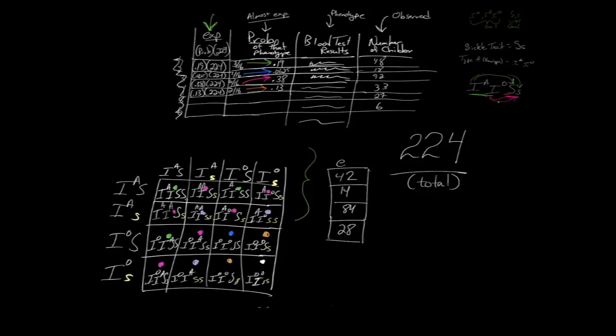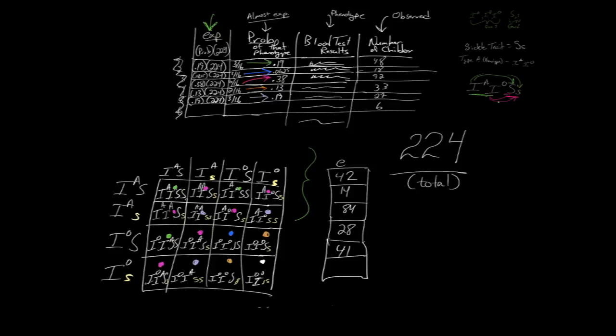So 3 out of what? 16. 3 out of 16. So what is it? 19%. And 19% of what? 224. So we got 41 expected there.